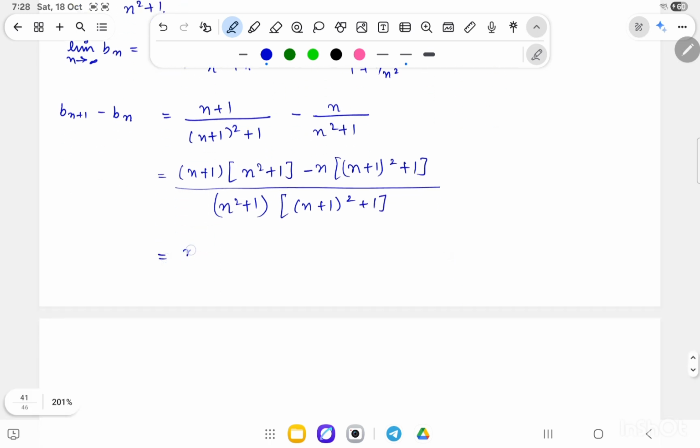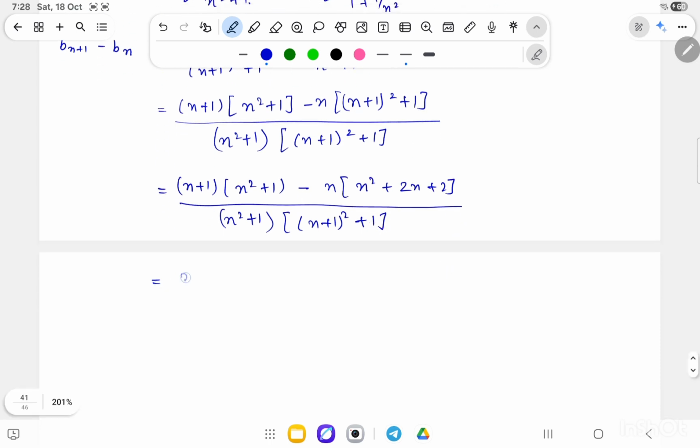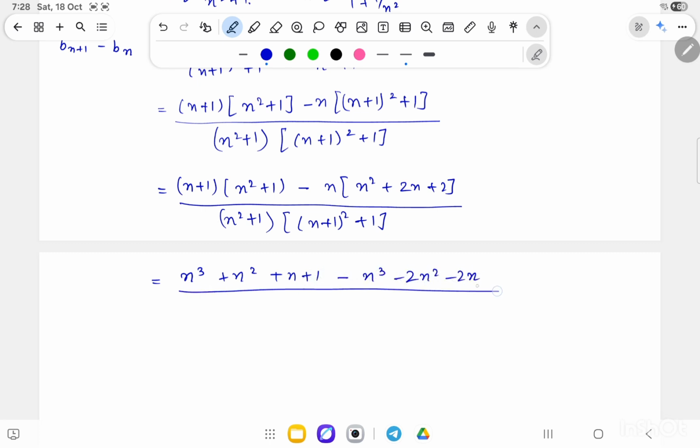So it will be equal to n plus 1 times n square plus 1 minus n times n square plus 2n plus 2, divided by n square plus 1 times n plus 1 square plus 1. And if we just simplify it, it will be n cube plus n square plus n plus 1 minus n cube minus 2n square minus 2n, divided by n square plus 1 into n plus 1 square plus 1.